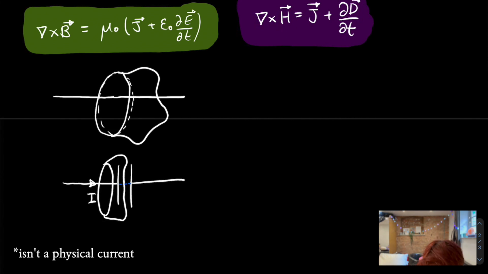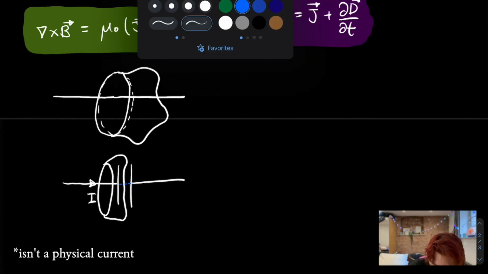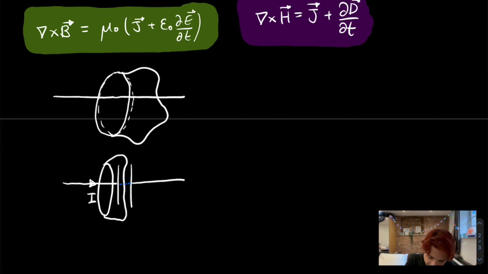So there is a current going through there, but it's an implied current, and that is often called the displacement current, and it's related to the rate of change of the electric field right there. So that is an alternative way of visualizing the problem with Ampere's law and how you can use the displacement current introduced by Maxwell to remedy that.